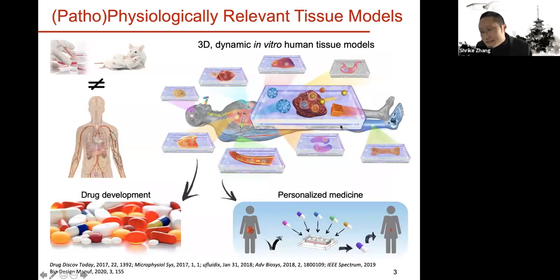The issue with that is because conventionally people use different models for drug testing. For example, people use these two-dimensional and static monolayer cell cultures for drug testing. And we all know that in the human system, there are essentially no tissue or organ that is flat and is static, right? So a lot of the drugs that are tested positive on these conventional models don't really translate into human system.